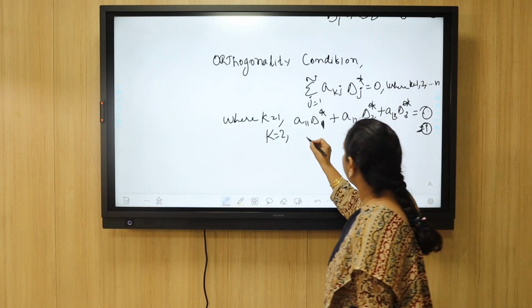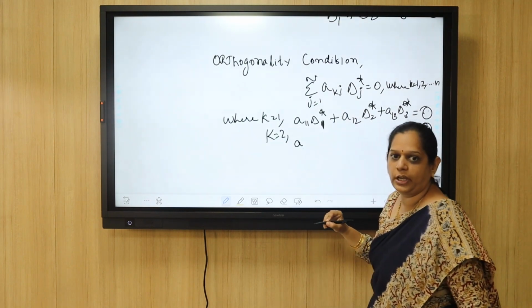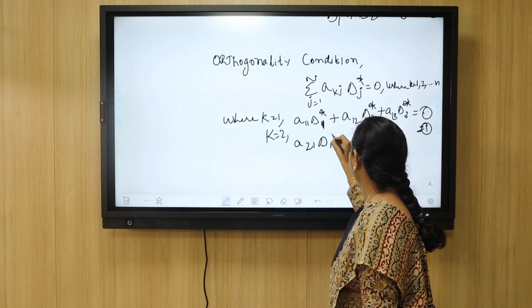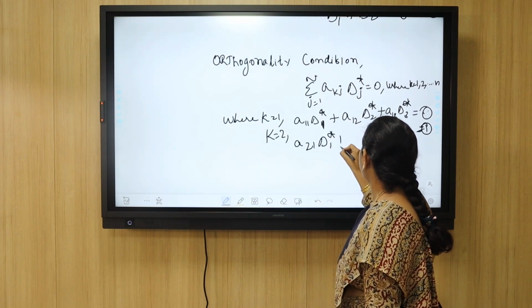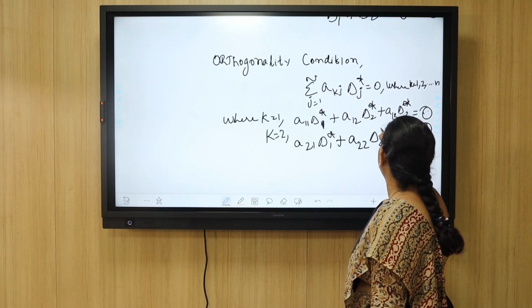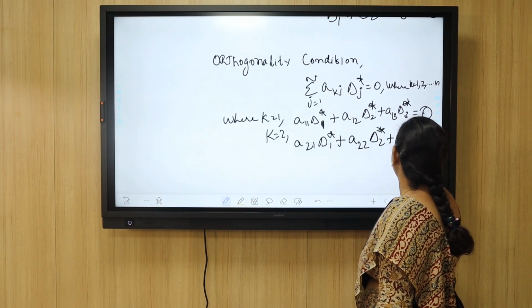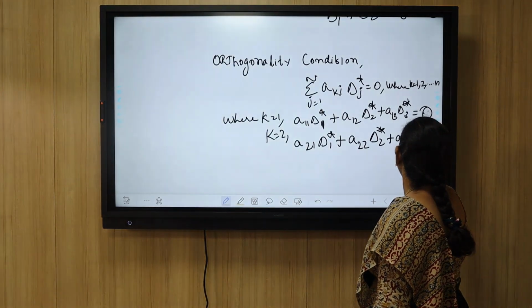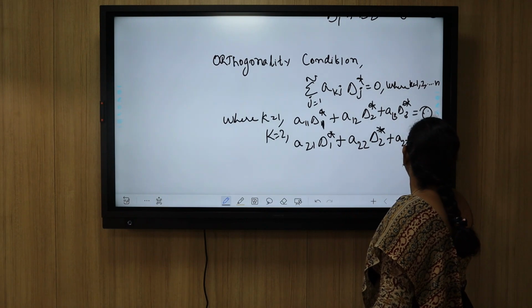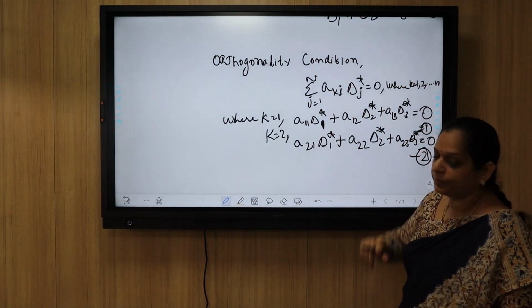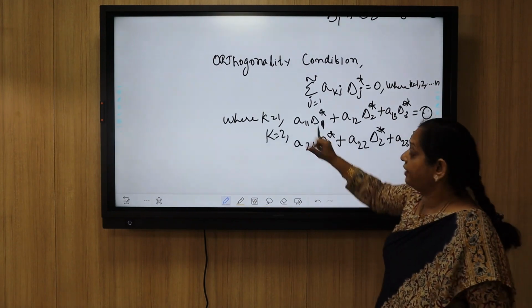Okay, next one is k equal to 2. What will you get? a 2,1 delta 1 star plus a 2,2 delta 2 star plus a 2,3 delta 3 star equal to 0, which will be your second equation. So now we have to find the delta variables and the a variables.